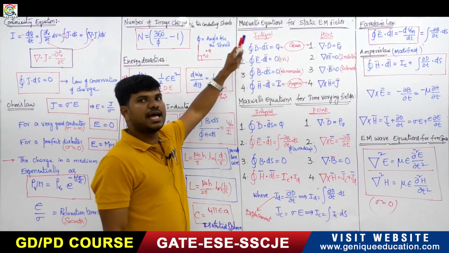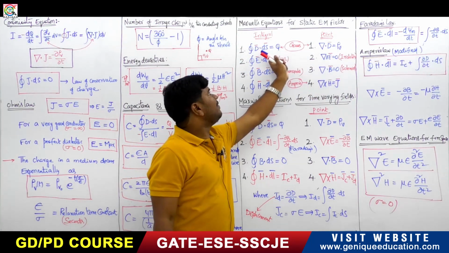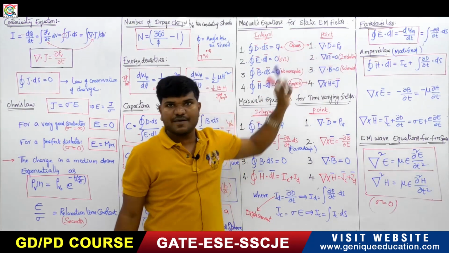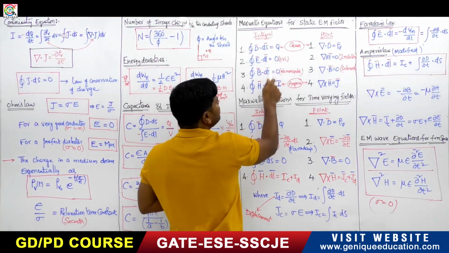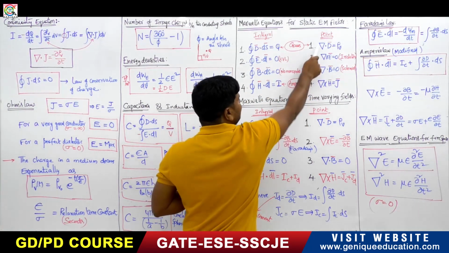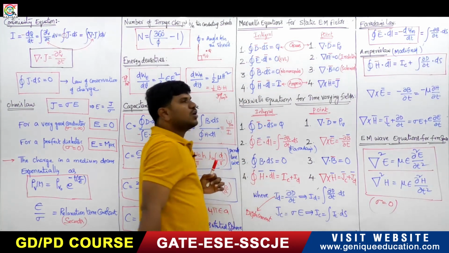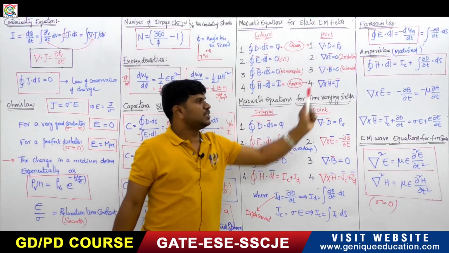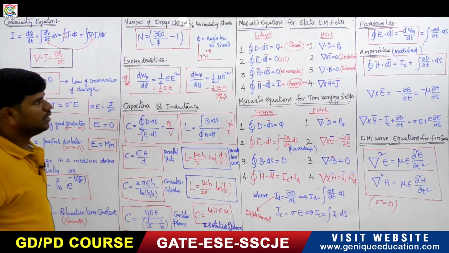Wherever there is a closed surface integral, there you will get the divergence expression. Wherever there is a closed line integral, you will get the curl expressions. This is the point you have to understand.